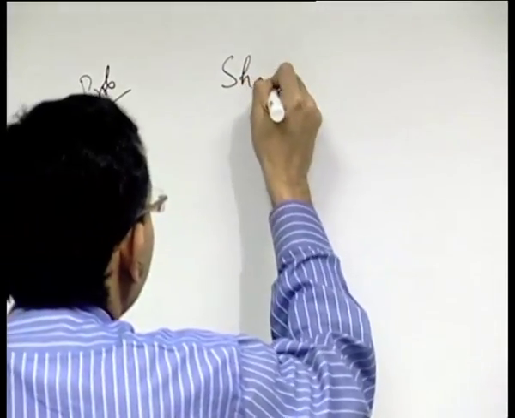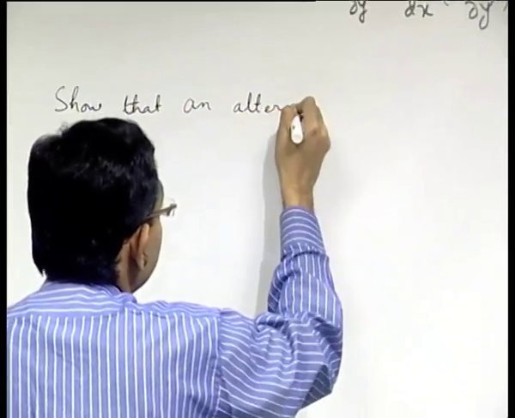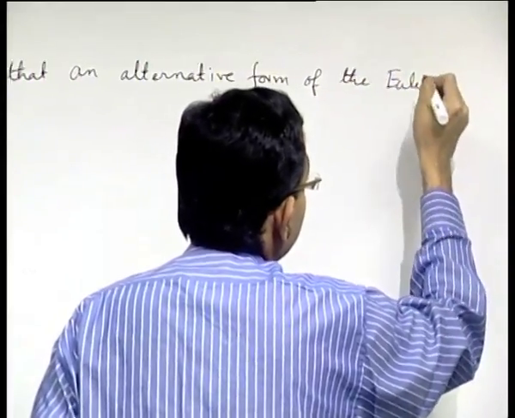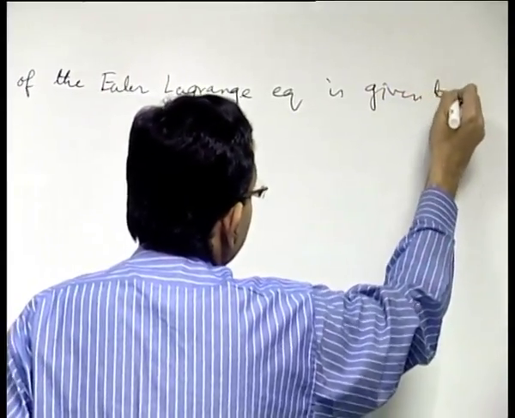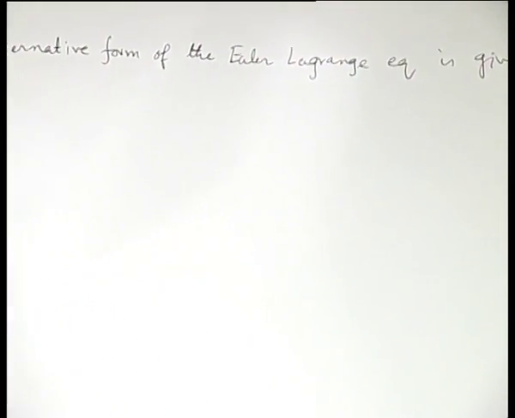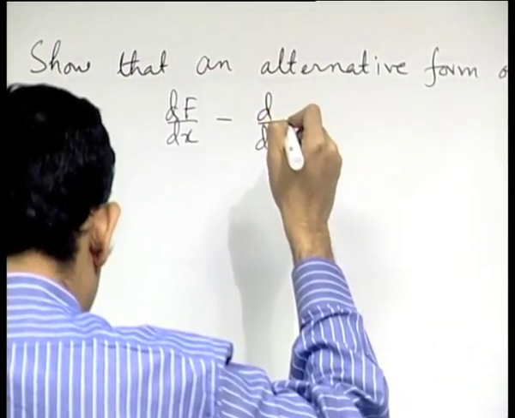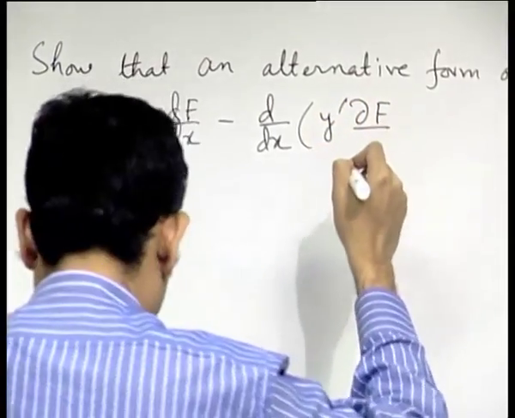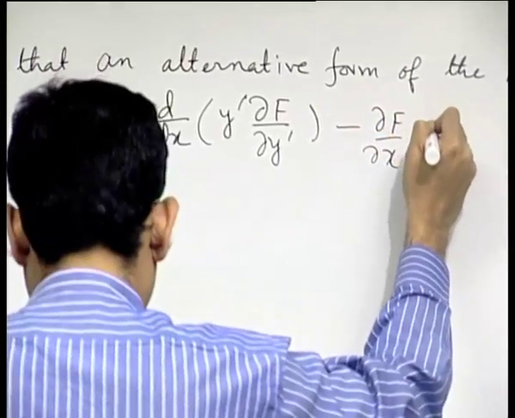So, the problem statement is like this: show that an alternative form of the Euler-Lagrange equation is given by df dx minus d dx of y prime del f del y prime minus del f del x equal to 0.